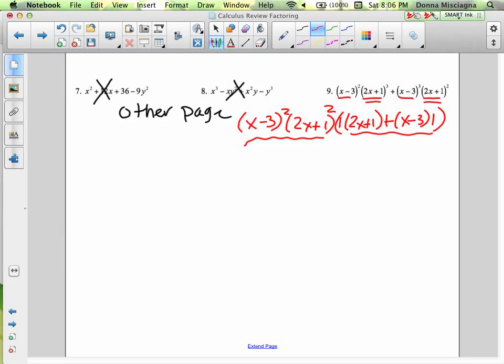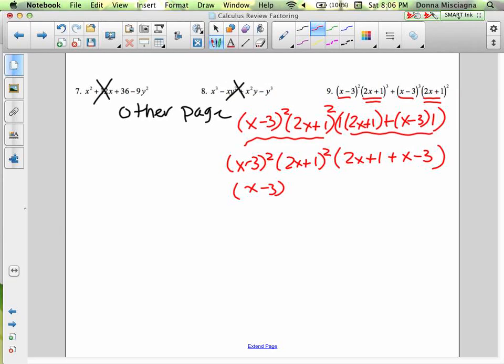So now we've got x minus 3 squared as a factor, 2x plus 1 squared as a factor. The only thing we have left to do is simplify what's in the parentheses. I don't really need the 1, because that's not going to change anything. So this would just be 2x plus 1 plus x minus 3. And if I combine my like terms, I'm done.